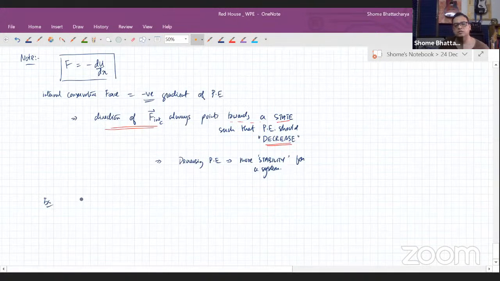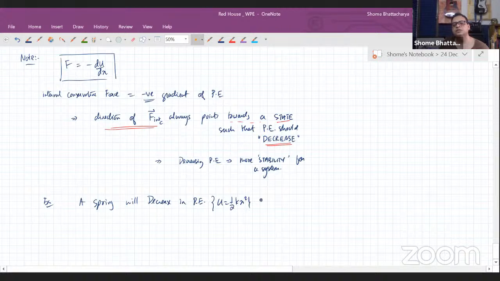A spring will decrease in potential energy, because this potential energy is given by the formula half kx square, when it relaxes back towards natural length. Okay, it will decrease in potential energy.